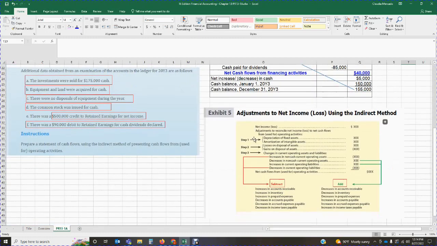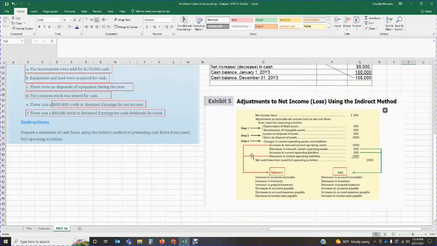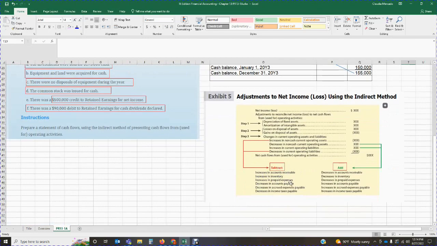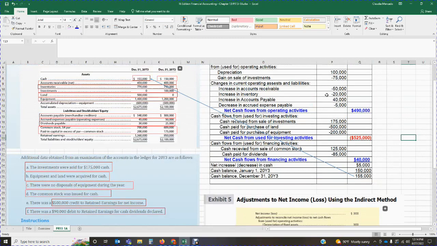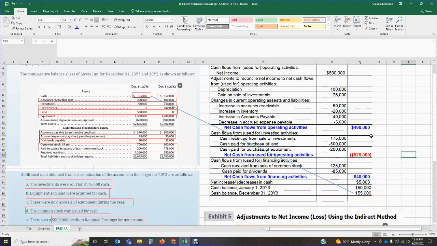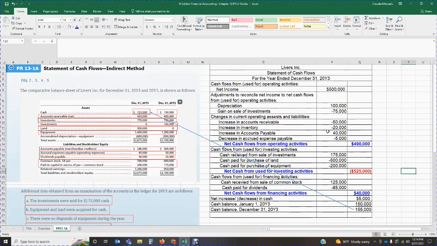Please follow step 1, step 2, step 3, and identify whether you need to add or subtract. A very common mistake students make is putting the wrong sign here, and then it won't balance down here. So read the information very carefully. Review everything that has been outlined in your book. There's great information and great examples provided.